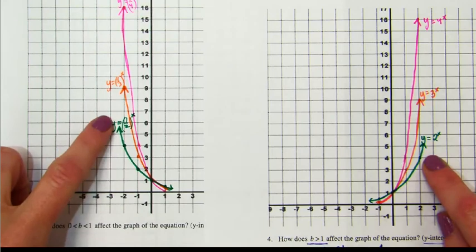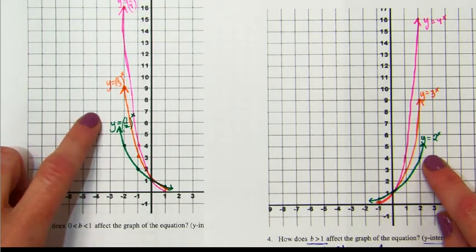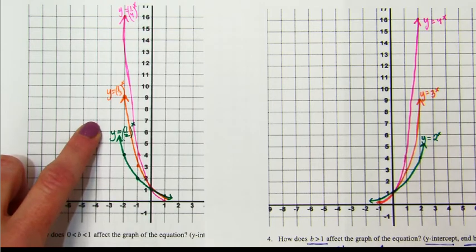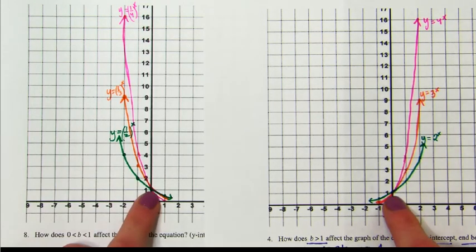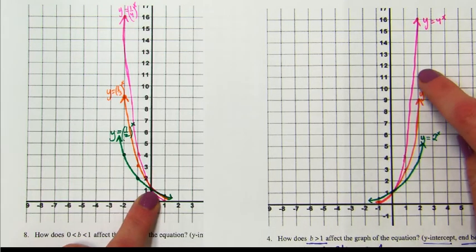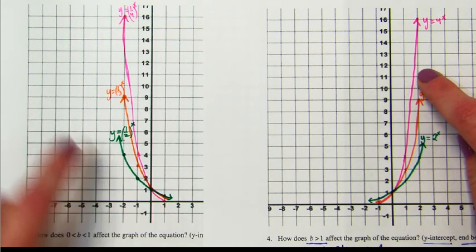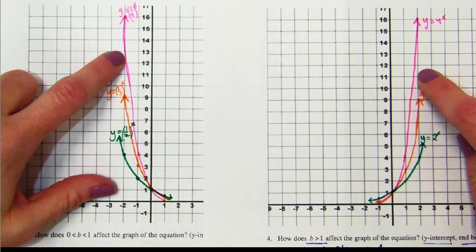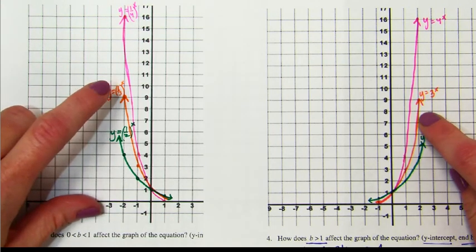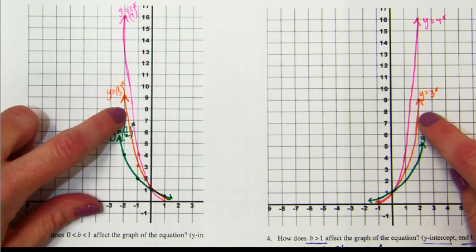This is when our b was between 0 and 1. And if you look, they're basically mirror images of each other, right? Our y-intercept was still 1. If you look, this is y equals 4 to the x power. This is y equals 1/4 to the x power. Y equals 3 to the x. Y equals 1/3 to the x.